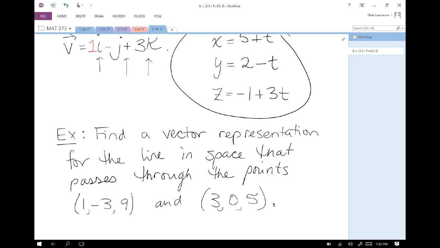It doesn't have to be a unit vector. It could be, but that's going to be an extra step of work that you didn't have to do. Because the line has an infinite length. It goes forever in both directions. So it really doesn't matter what the length of the vector is that we use. But we have to make a vector. What do we need to make a vector?